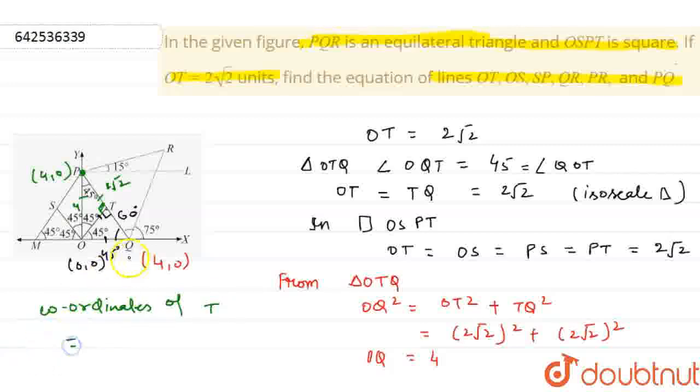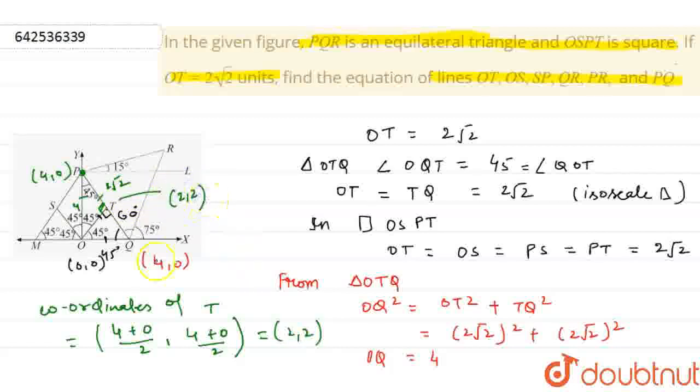The midpoint theorem says that 4 plus 0 by 2, 4 plus 0 by 2, right? So that will give us 2, 2. So the coordinates of T will be 2, 2.